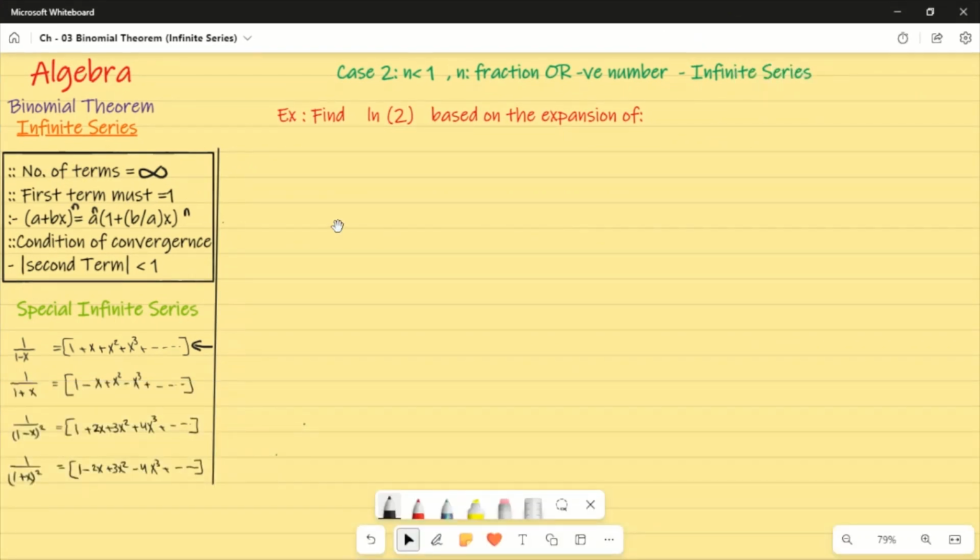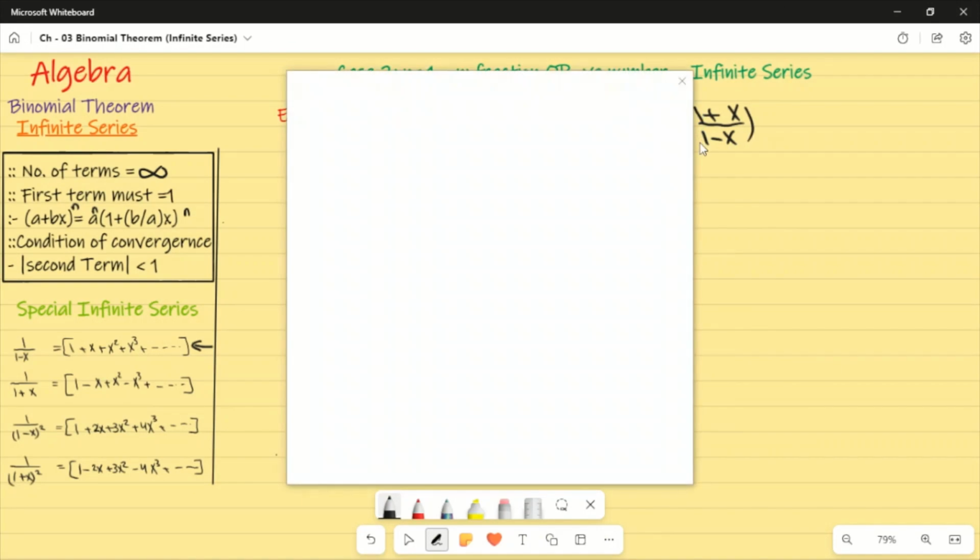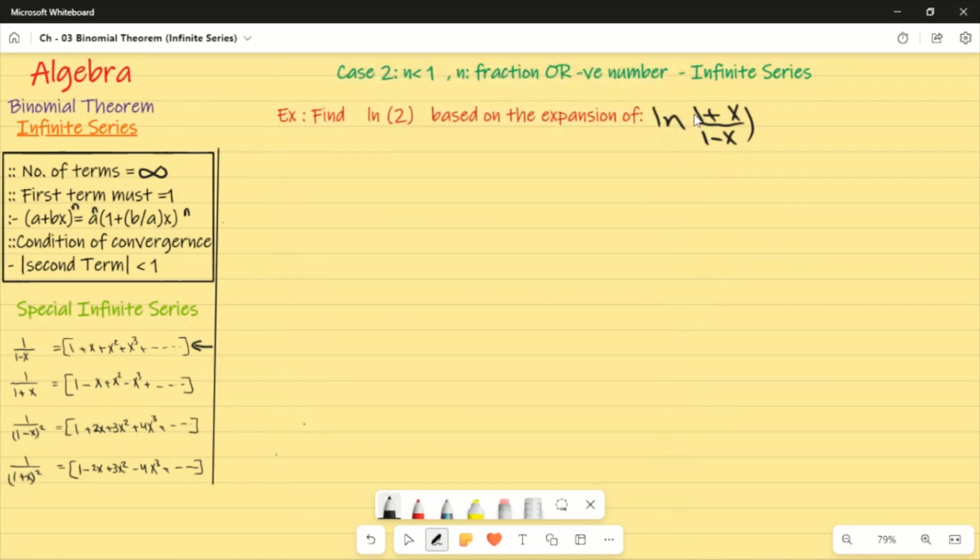Find ln 2 based on the expansion of ln((1 plus x) by (1 minus x)). So here f of x equals ln((1 plus x) by (1 minus x)).